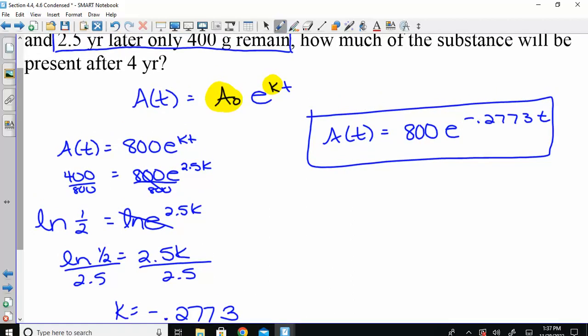So then all we have to do is plug a 4 in for t and use our calculator.